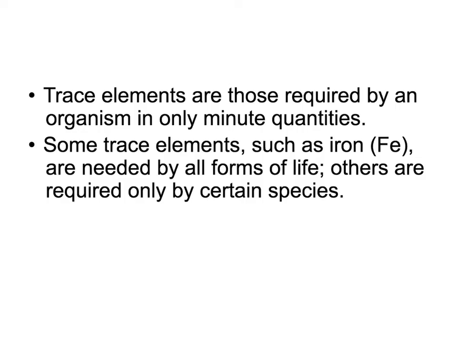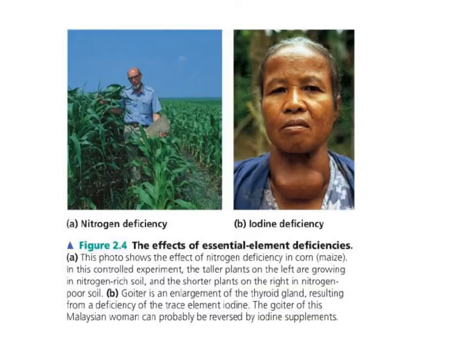Trace elements are those required by an organism only in minute quantities. Some trace elements such as iron are needed by all forms of life. Others are required only by certain species. They don't have to be found in all living organisms, but the other essential elements are found in all living organisms.